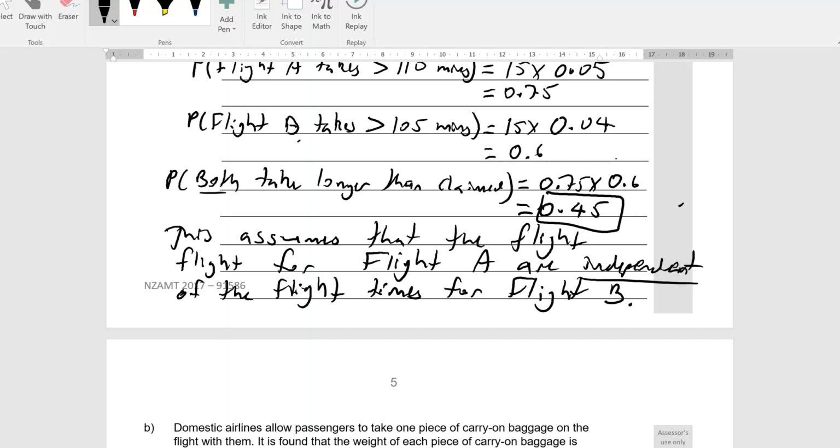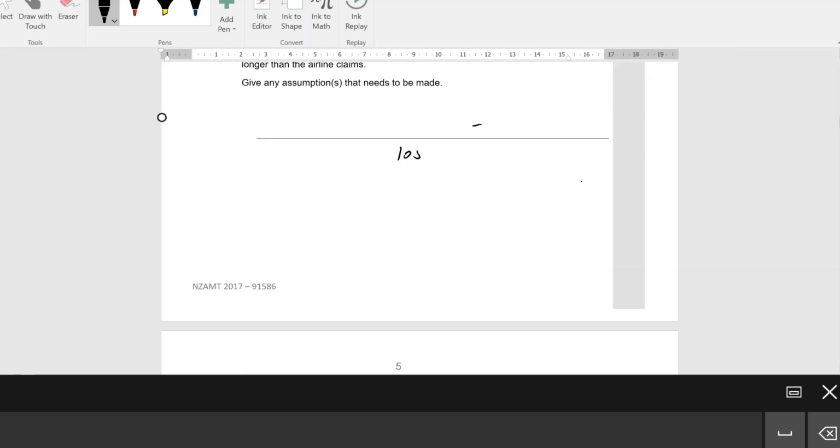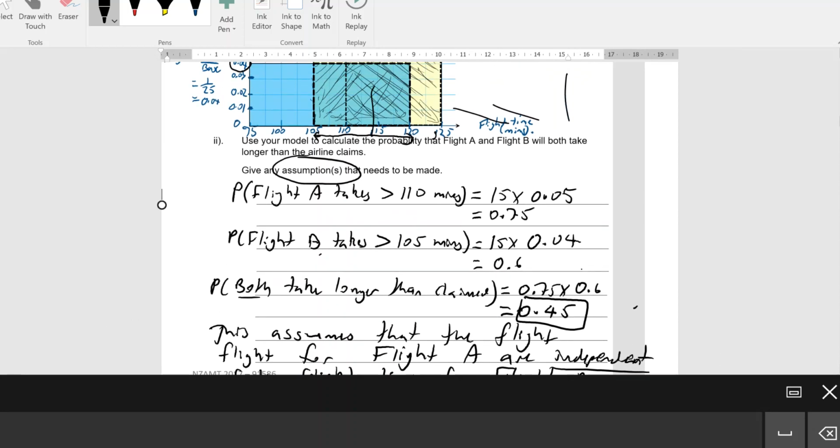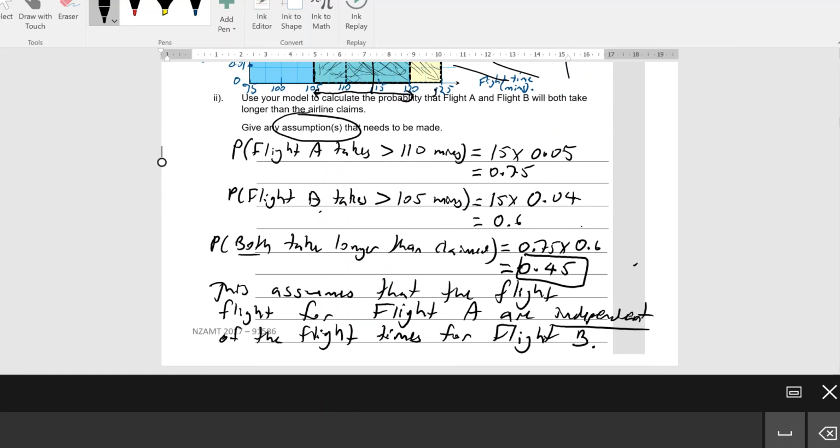Like tossing two coins. Okay, so checking our answer. Yeah, we've found the probability the question's asking for. That's what we were asked to do, using the model, which is a uniform distribution model. And then we've also talked about the assumption of independence.